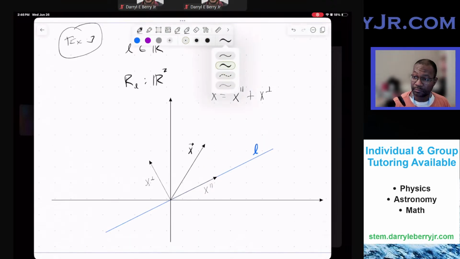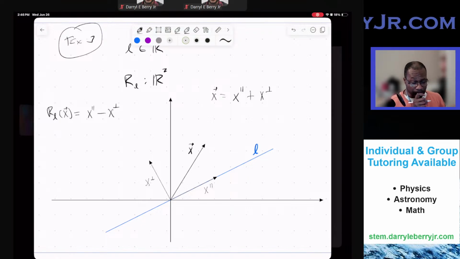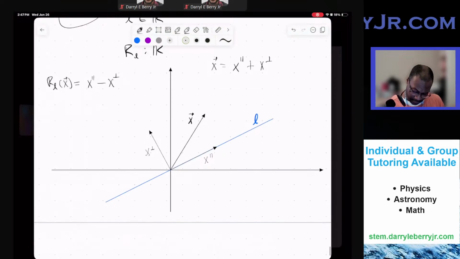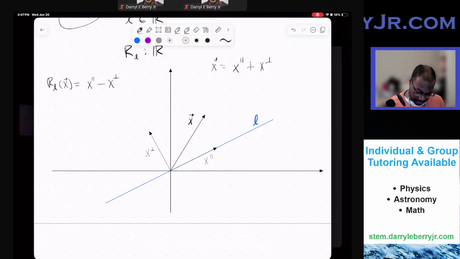Therefore, the reflection about L of X equals X parallel minus X perpendicular. I see. So what they're doing is they're saying this is the reflection down here.